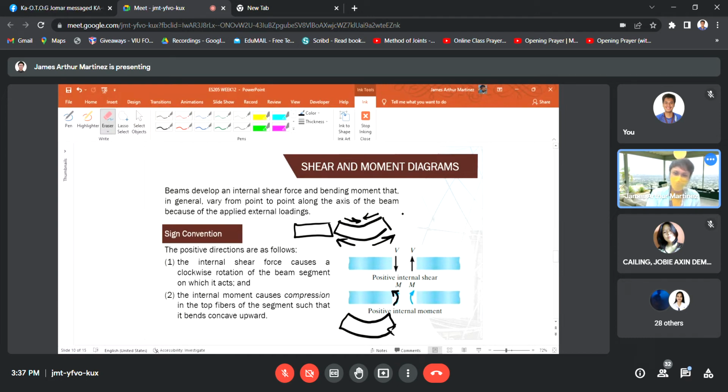Kay di ba ang steel, it is for tension. Ang strength sa steel is for tension, and then ang concrete, ang strength ana is compressive, or your concrete has high resistance to compression, class. And similarly, your steel has high resistance to tensile forces, class.